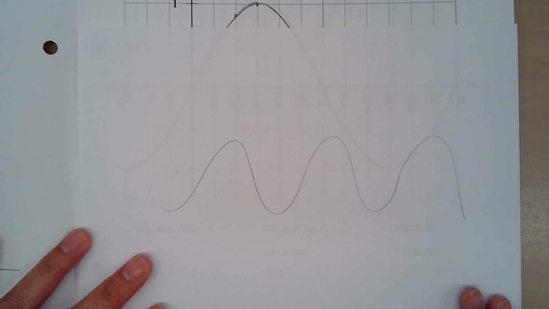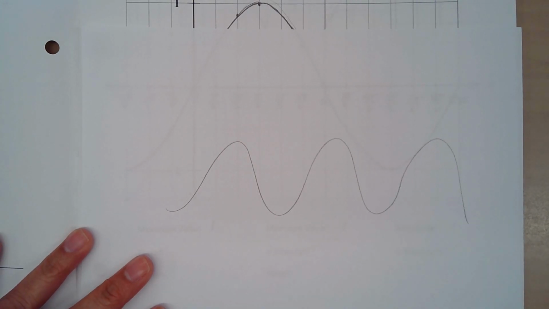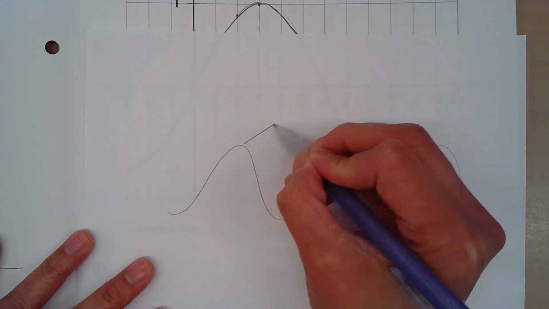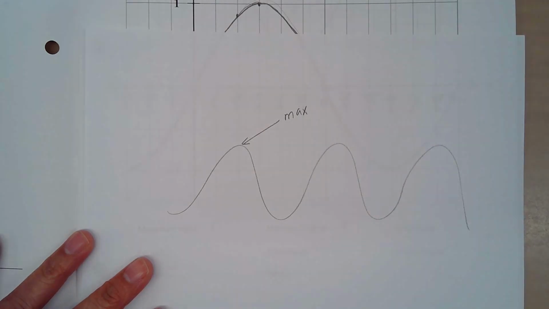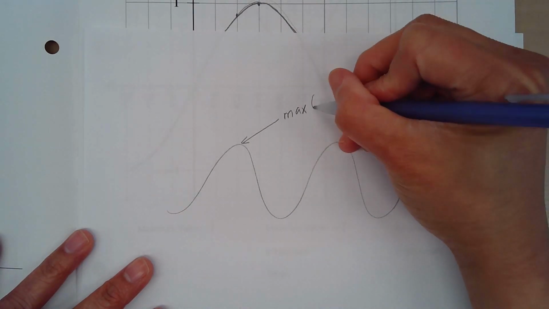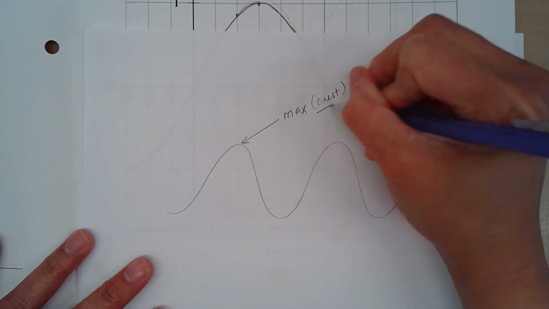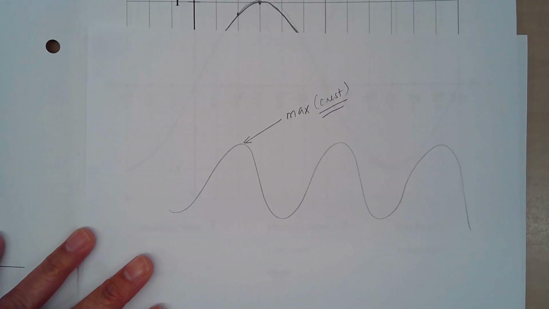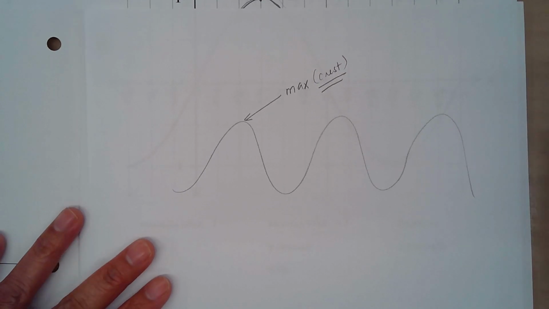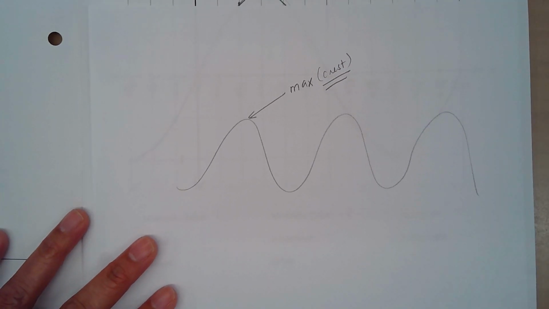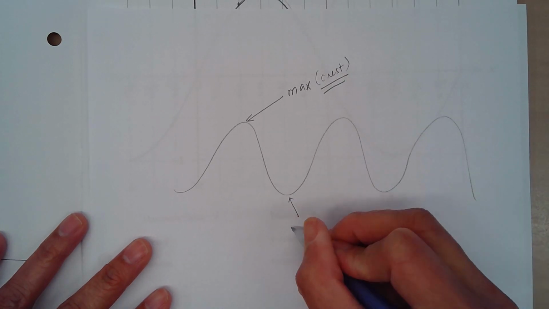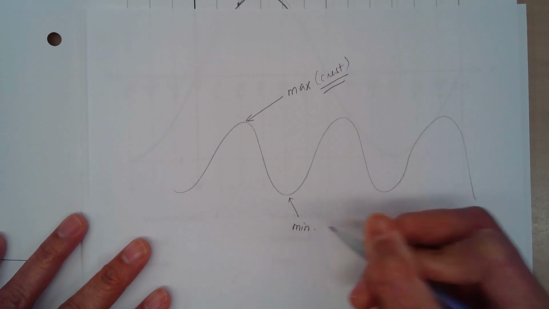In physics, the maximum is called a crest. Now, we're not going to use the word crest in math. We just call it maximum. Now, this one here is called the minimum.